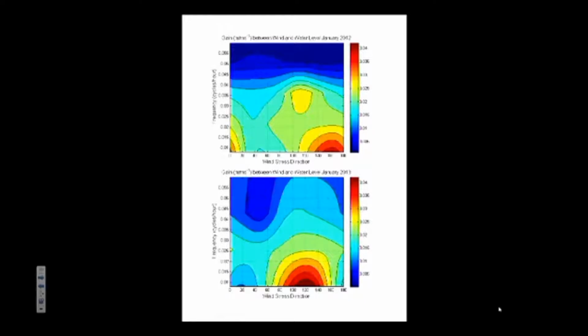Just to reemphasize, the color bar is the same. The surge response at Smith Point to a given wind speed is a bit higher in January 2013. So it warrants looking at longer records in 2014 and comparing that with more extensive data in 2012.